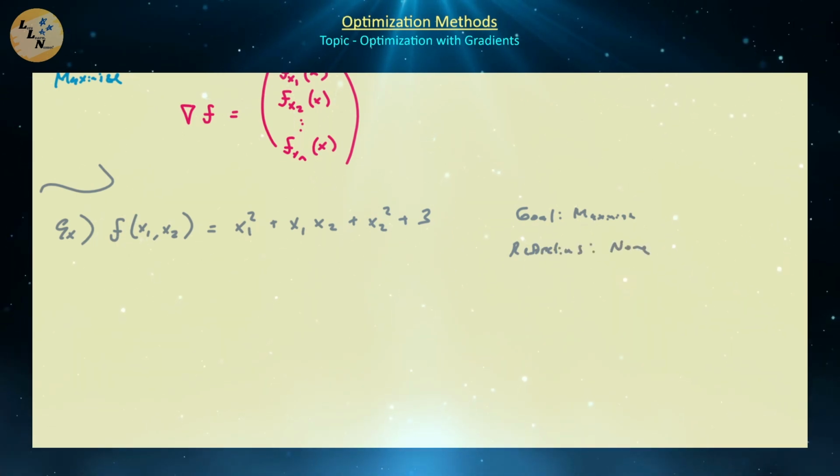So we have a multivariable, differentiable function. We should be able to take the gradient of this function, set it equal to 0, find our critical points, and then classify those critical points as either a max or a min, and then find the global min or global max if we have multiple critical points to analyze.